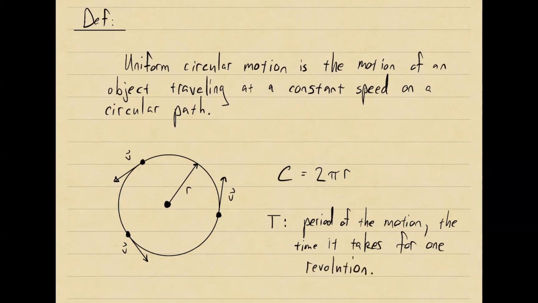So it's how long it takes the object to go around the circle once.